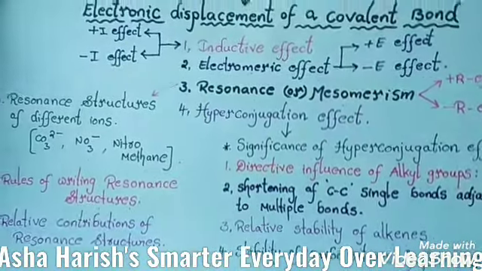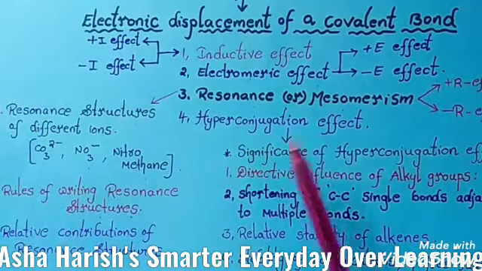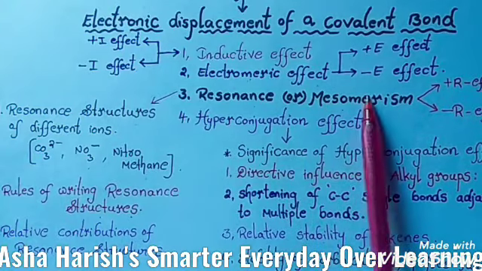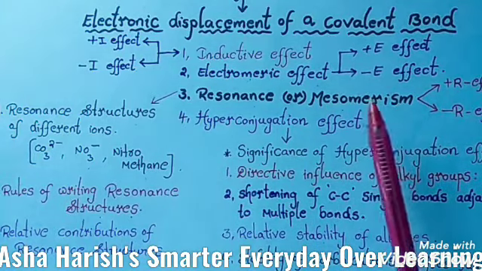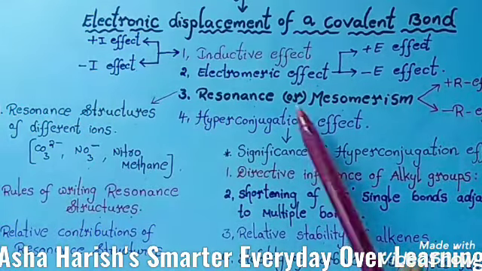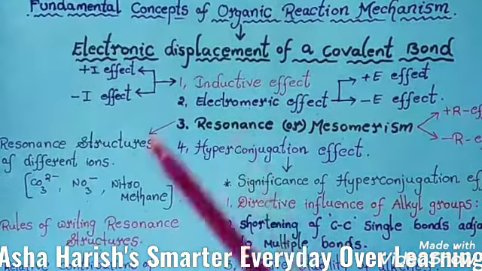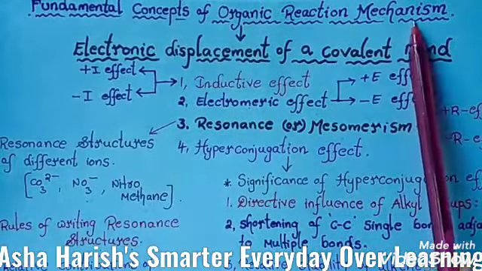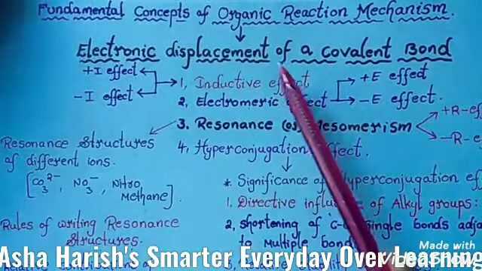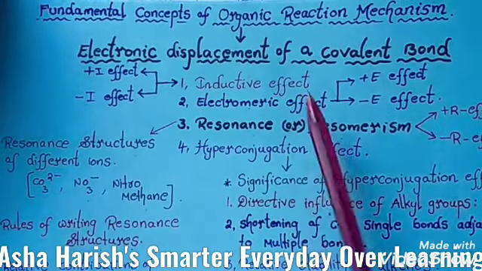So if you study all of this, then the topic of fundamental concepts of organic reaction mechanism should be completed. Now students, in this session I'm going to explain just the introduction part of fundamental concepts of organic reaction mechanism, and electronic displacement of a covalent bond in the inductive effect and electromeric effect.